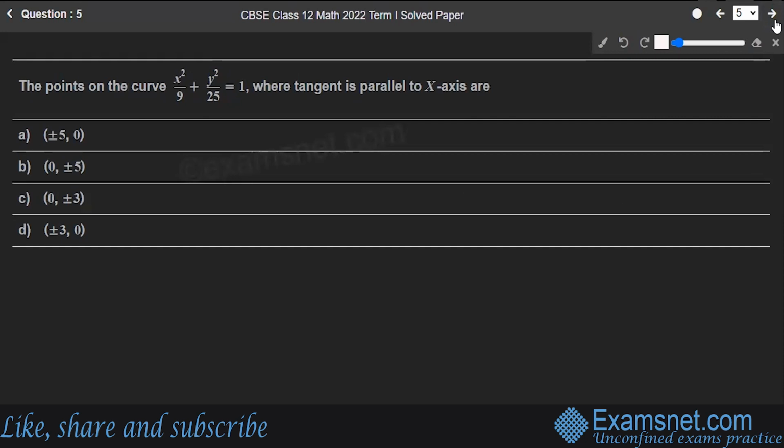The points on the curve x square upon 9 plus y square upon 25 is equal to 1 with the tangent is parallel to x-axis are. So you are given the equation of the curve as x square upon 3 square, y square upon 5 square is equal to 1. The points on this curve where the tangent is parallel to the x-axis. For that, let's differentiate this with respect to x.